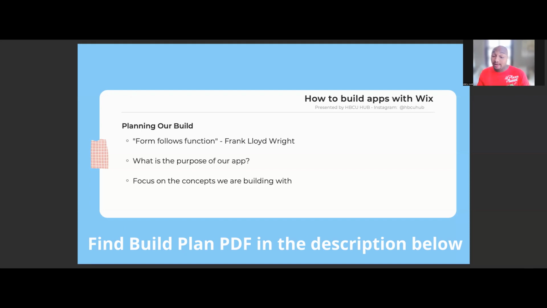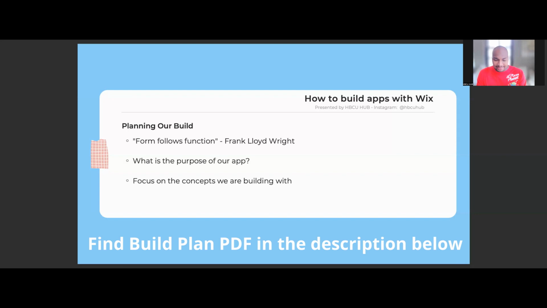So we are building an emergency contact app. This app allows users going to college out of state to keep a rolling list of local family members that they can contact in case of an emergency, no matter their location. So now that we understand the function that our application is serving, we can start building the form around that function.